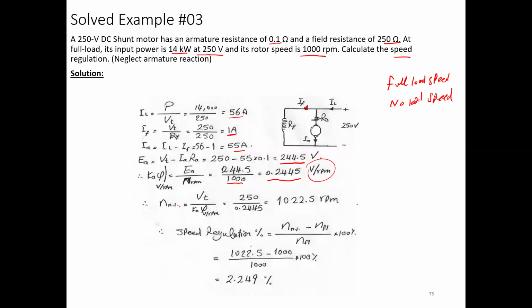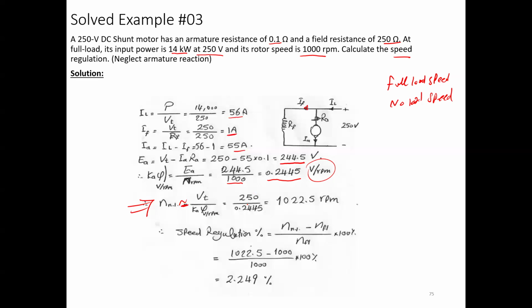We need to get the no load speed. We don't have the no load condition to calculate the no load speed here. However, we can assume that the no load speed equals V divided by KFI. This is the assumption that we mentioned before. Since we don't have the no load data, you can assume that N at no load approximately equals VT divided by KFI.